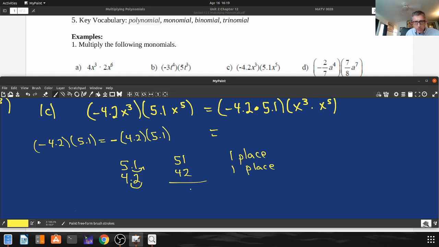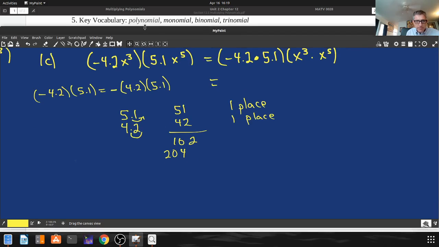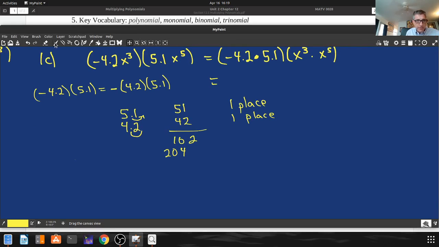And 2 times 1 is 2. 2 times 5 is 10. 4 times 1 is 4. 4 times 5 is 20. And now I'm literally just adding: 2, 4, 1, 2. And there's my decimal place. But now my total number of places is 2 places. So I need to move it 2 places over to here and then attach a negative sign.